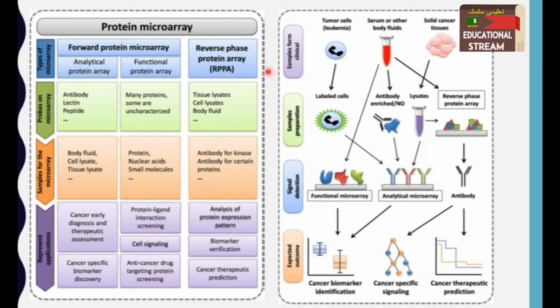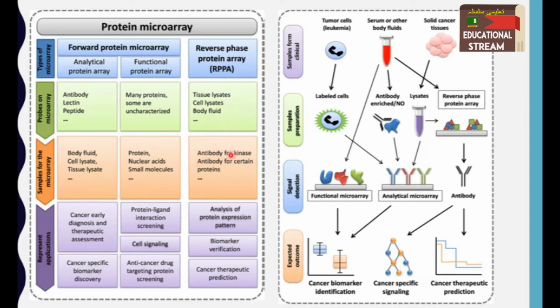The third kind, or the second major kind, of protein microarray is the reverse phase protein microarray. It is a special format of protein microarray. It immobilizes a small amount of complex samples, for example, cell lysate, lysates from cell lines or tumor tissues in serial dilutions, or body fluid on a microarray slide.